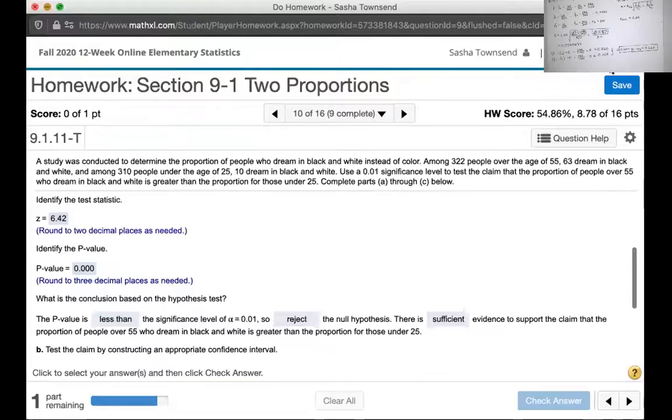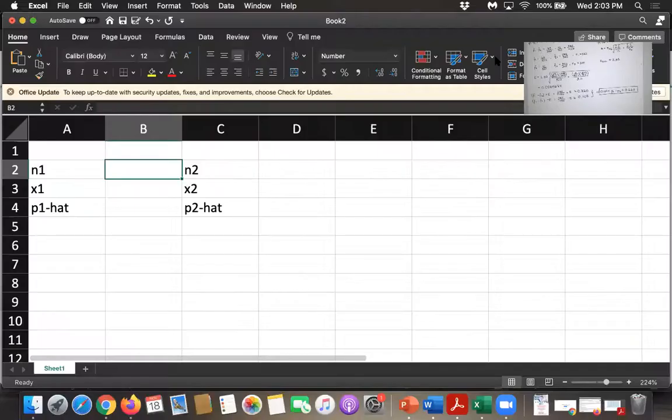Okay, so if I want to use Excel to do this computation, I'm just going to enter my N1, my X1, and use it to calculate P1 hat and Q1 hat and P2 hat and Q2 hat. So N1 in this case is 322. We had 322 folks over the age of 55. 63 of those dreamt in black and white.